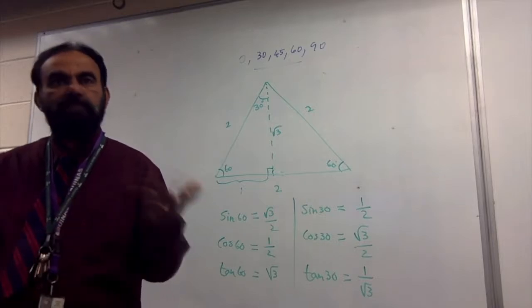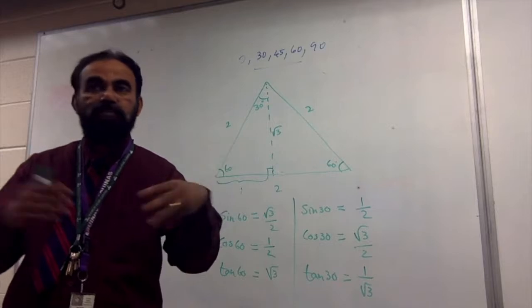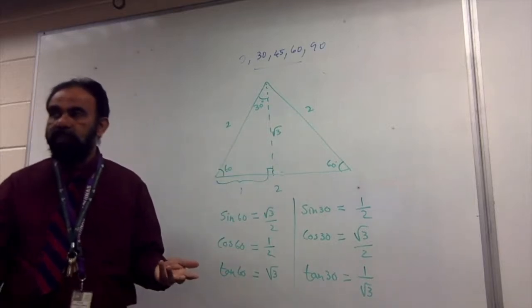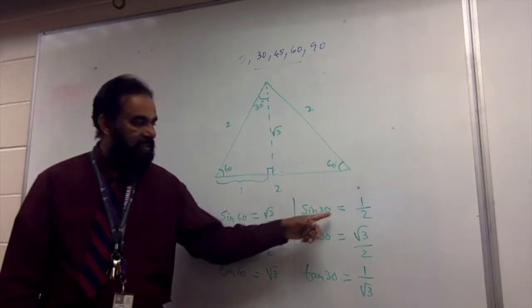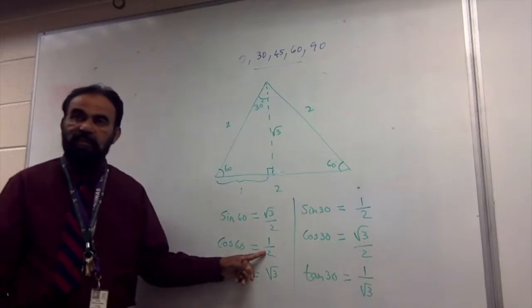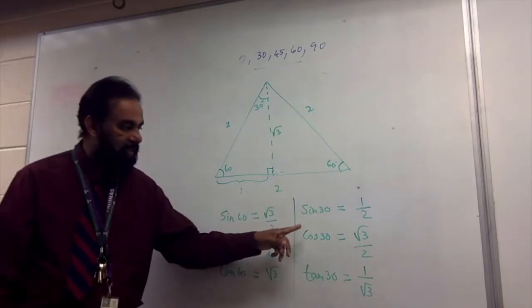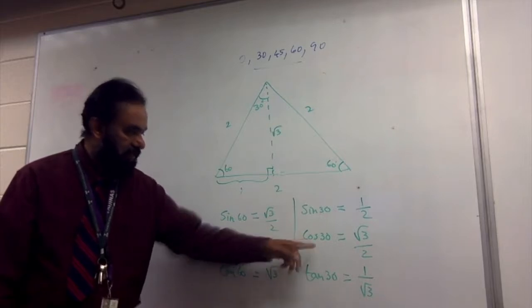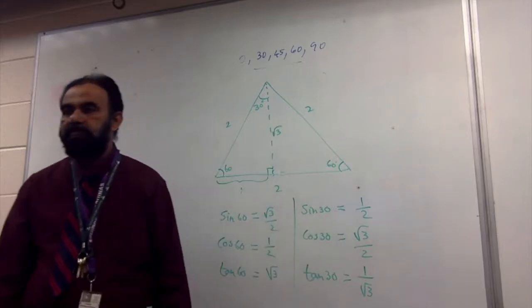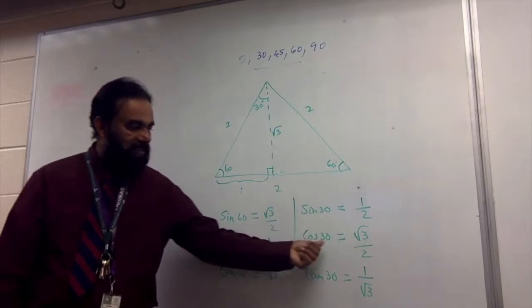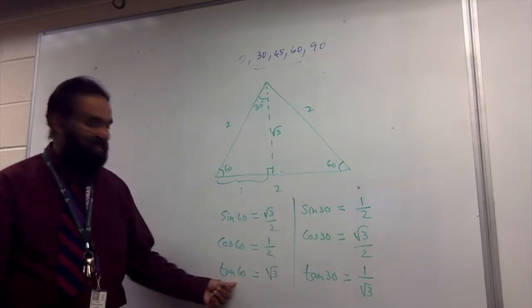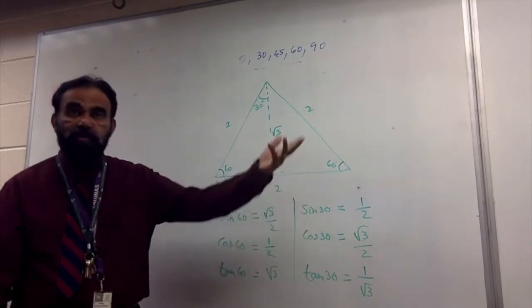Same thing? Yeah. Complementary angles have the same values for sine and cos. So you can see here sine 30 is half and cosine 60 is half. Sine 60 is root 3 over 2 and cosine 30 is root 3 over 2. And here tan 60 is root 3 and tan 30 is 1 over root 3.